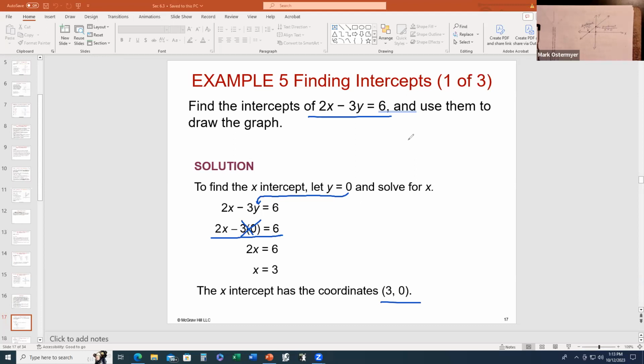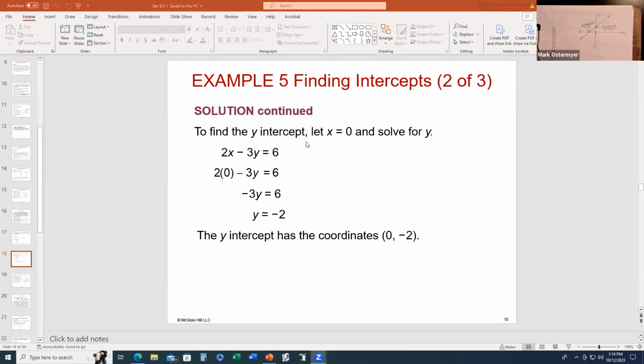In a similar way, we'll find the y-intercept for this linear equation. To find the y-intercept, what do I set equal to 0 always? I set the x variable equal to 0. So take 0, substitute it in for the x variable into the linear equation.